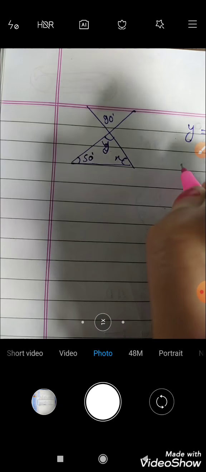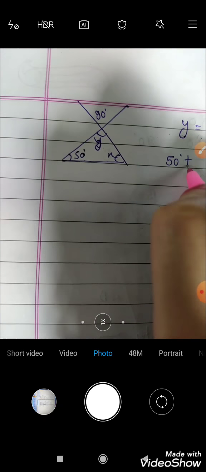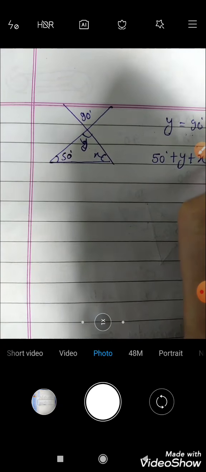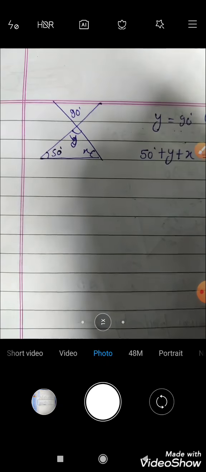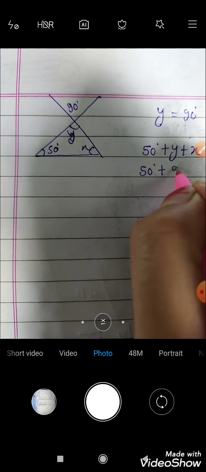Now apply angle sum property in this triangle, and we have 50 degree plus y plus x, and it is equal to 180 degree by angle sum property. Now we are going to replace y with 90 degree as we calculated above.